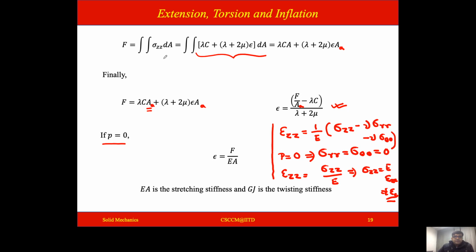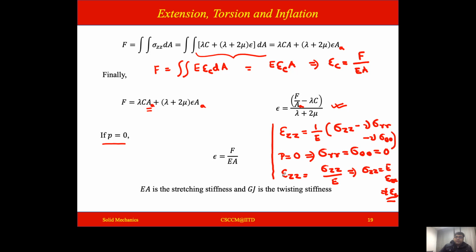So with that, let us come here. What do we have? F is equal to double integration of sigma zz, which I will write as E epsilon C dA. Now epsilon C is not a function of dA, and E is not a function of dA. So it becomes E epsilon C A, which implies that epsilon C is equal to F by EA.